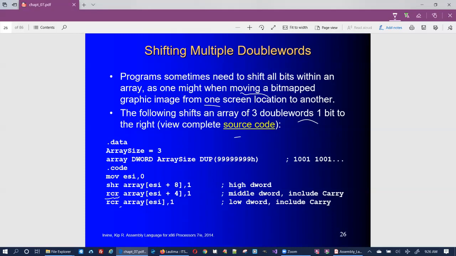We use the carry bit to hold the intermediate data when we're going from instruction to instruction, and we can only do one at a time because the carry bit is only 1 bit long.